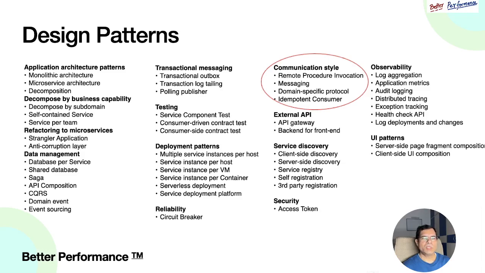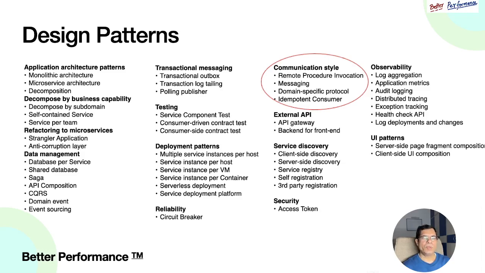In both cases, we have multiple choices. We can have Kafka, we can have remote procedure invocations, basically RPCs. We can have HTTP calls, basically TCP calls, like REST or SOAP over XML, JSON, or any direct communication.